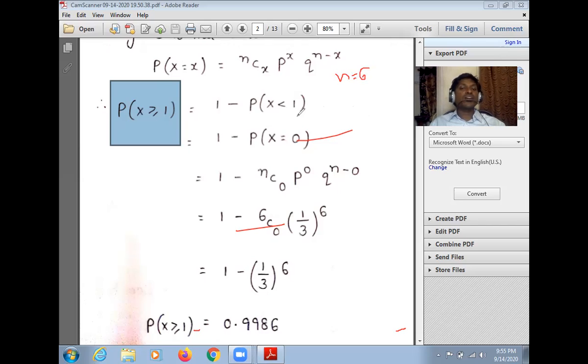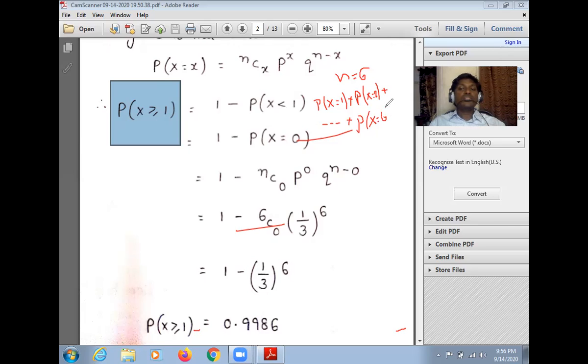So the same thing we can write as P of x equal to 1 plus P of x equal to 2 plus P of x equal to 3 plus P of x equal to 4 plus P of x equal to 5 and P of x equal to 6.